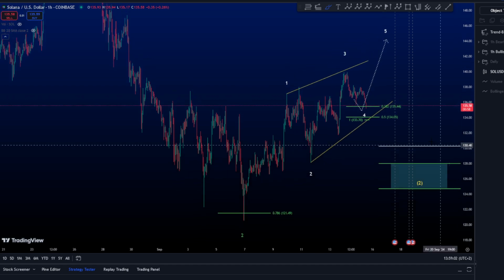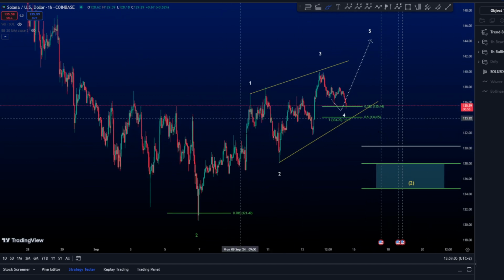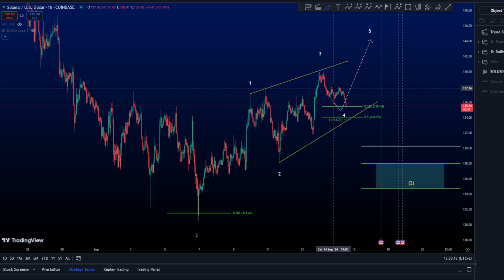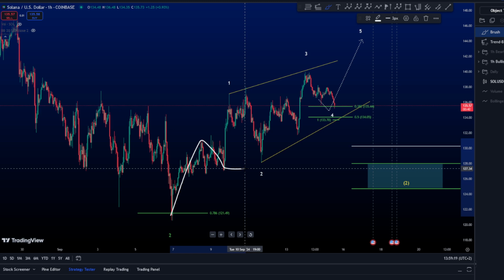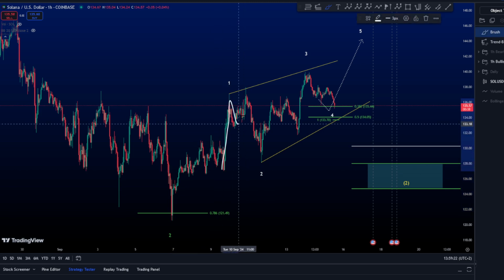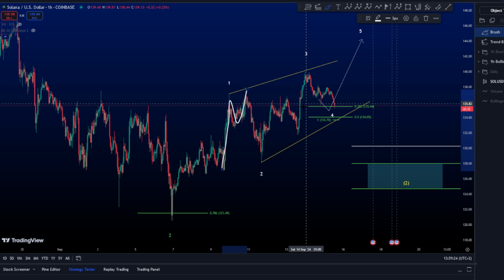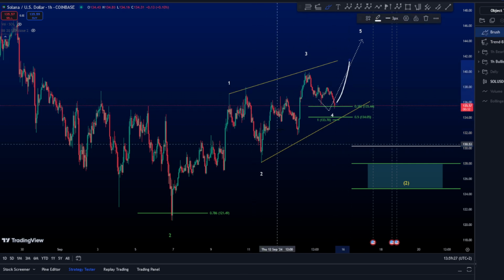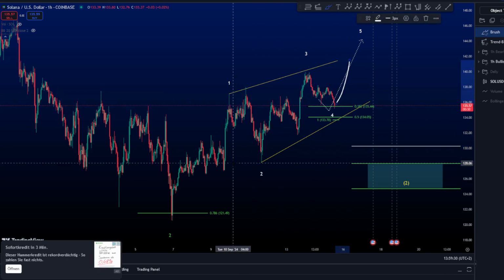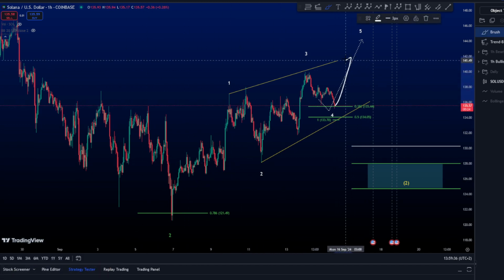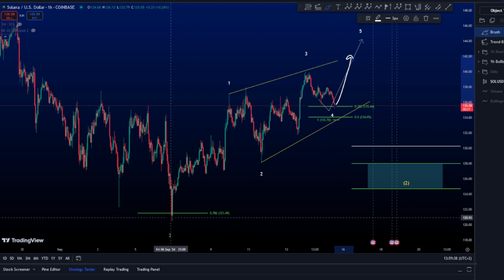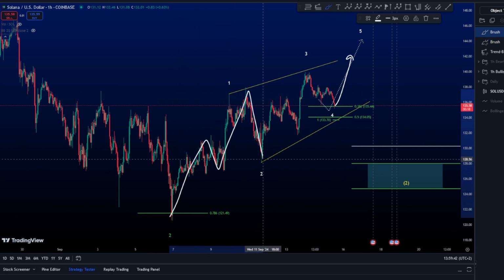We might go even higher. Nobody knows. I mean, it can still even be considered a little bit as an impulse. However, let me check. If we have here a 1, 2, but your wave 3 is hard to consider. If we get a 5 here, 1, 2, 3, 4, 5, it's still a problem if we go higher from here and we see a wave 5, and I want to consider that 1, 2, 3, 4, and 5.